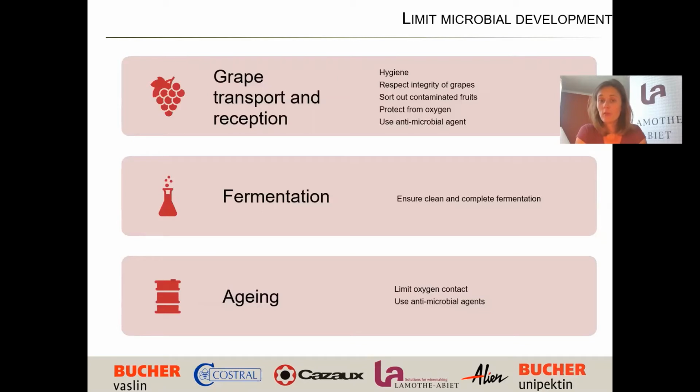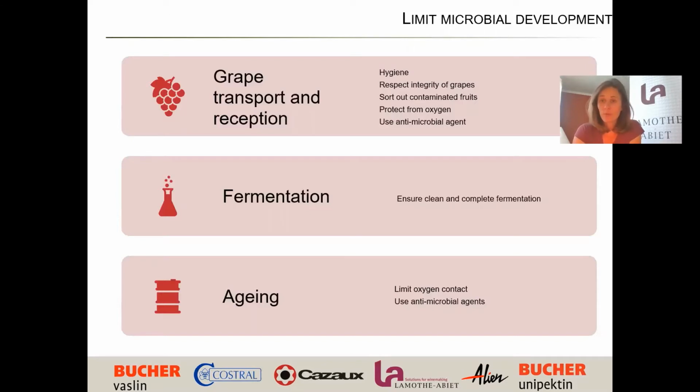Then doing some sorting, so sorting out the contaminated fruit, can be a very good idea to remove any contamination risk. Protect from oxygen. We already talked about the oxidation risk before, but protecting from oxygen is important in the idea that you reduce the amount of food microbes will have.